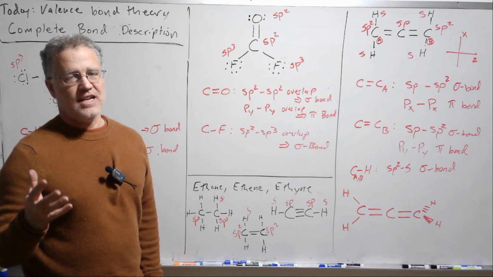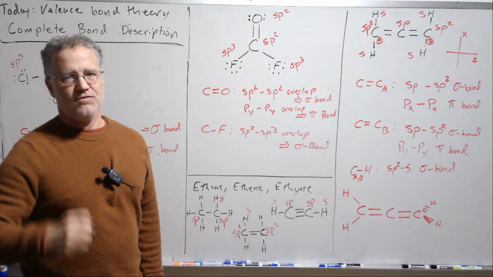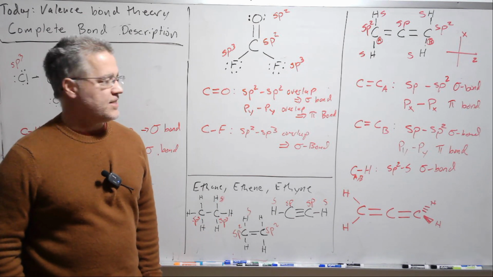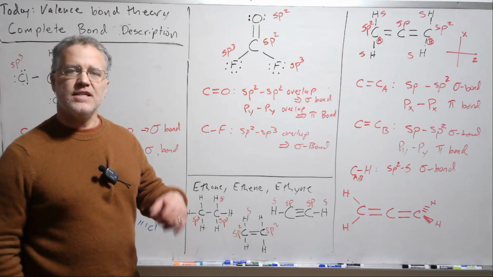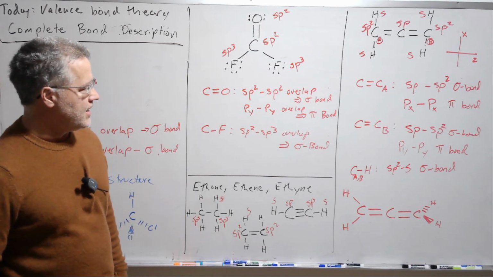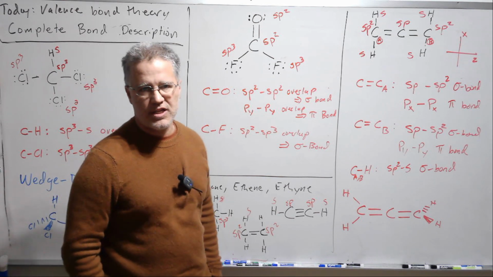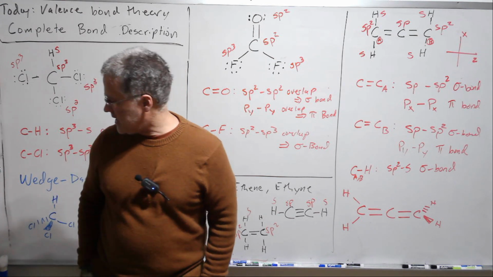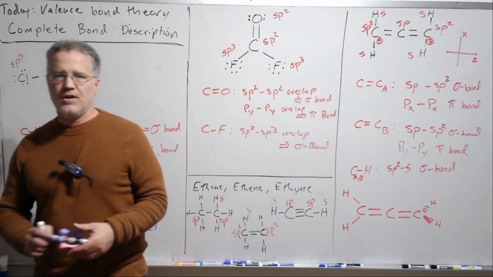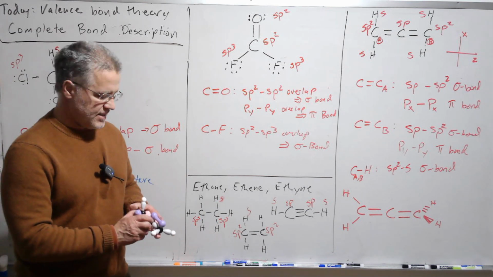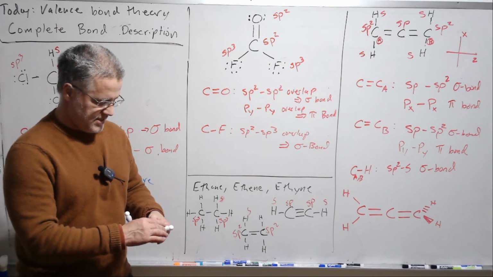So again, if you got this right, then you've really got things down. If you didn't get it right, then just keep practicing and keep thinking about it. Really try to tell yourself the story of this molecule. It's a really good test of, do you know valence bond theory?